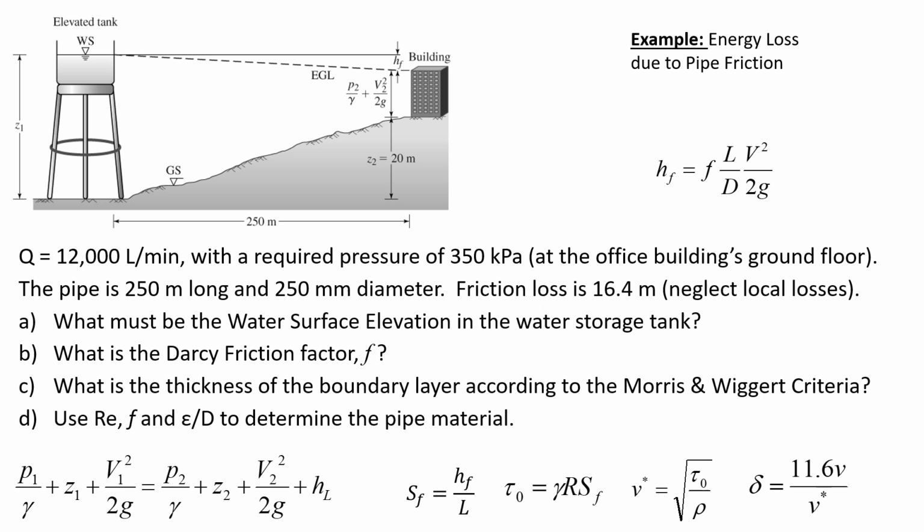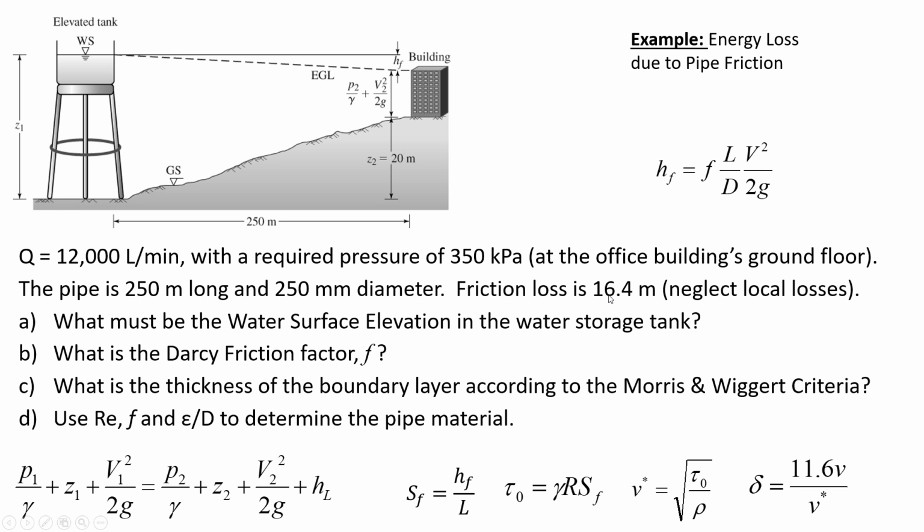So we've got an elevated tank and we're taking water to the building, and we know that at the ground floor of the building we want 350 kilopascals. So we know the length of the pipe, we know the diameter of the pipe, the flow rate, and in this problem, it's just defining for us what the friction loss is.